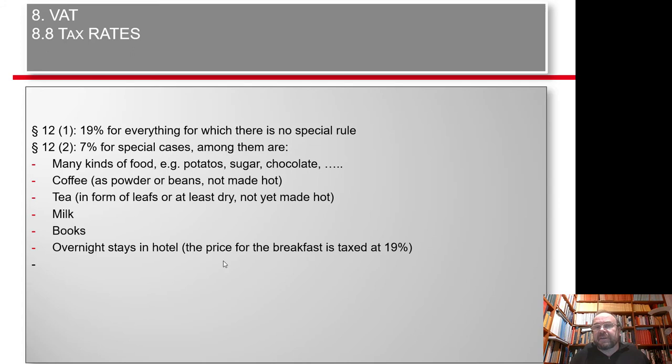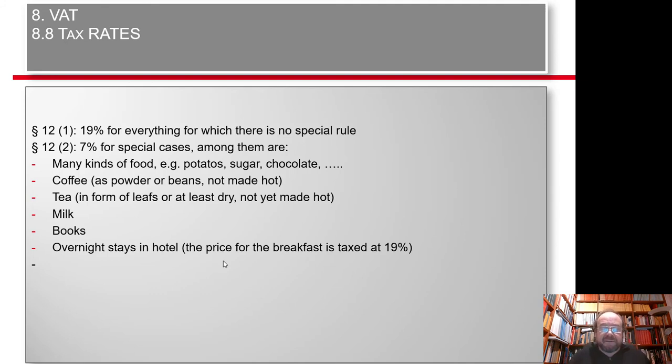So coffee in the form of powder or beans, but not prepared for consumption already, so not made hot, or not in the form of a fluid. Tea in the form of leaves, or at least dry, not yet made hot, not in cups, also not as a fluid. Milk, the other primitive form, is indeed the fluid, so milk powder is no milk anymore. That's rather the extraordinary version.